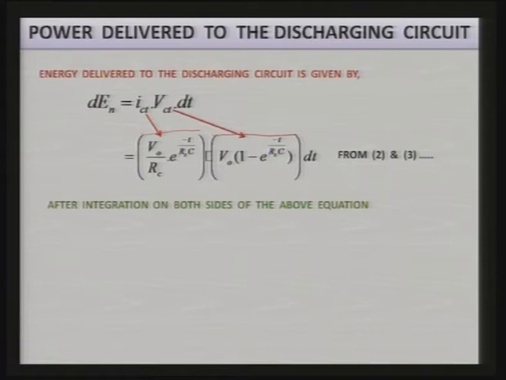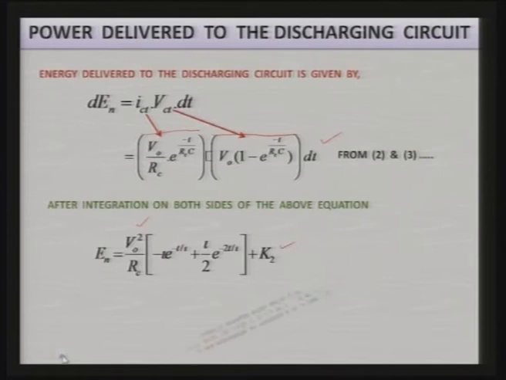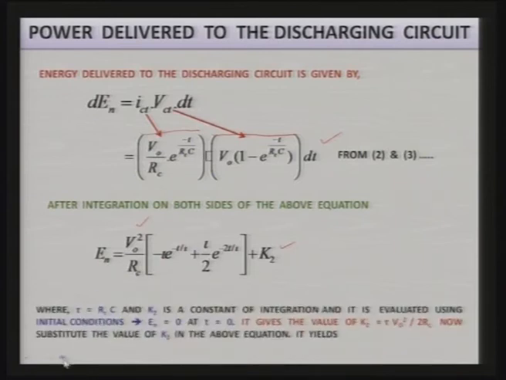Now, integration on both sides of this particular equation will result in E n, that is the energy, equal to V 0 square R c minus t e raised to power minus t over tau plus 1 tau over 2 e raised to power minus 2 t over tau plus k 2, where again k 2 is the constant of integration, where tau is the R c c.